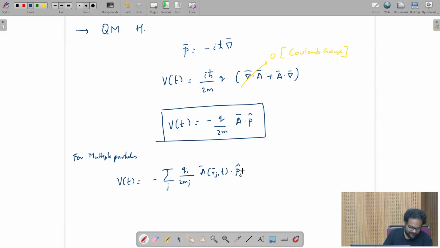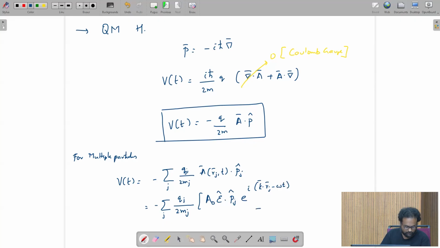Now I can write out my A, expand my A in terms of some plane waves. If I do that, plane wave approximation: some amplitude for my vector potential, a unit vector associated with it, e_j, e to the power i k dot r_j minus omega t.